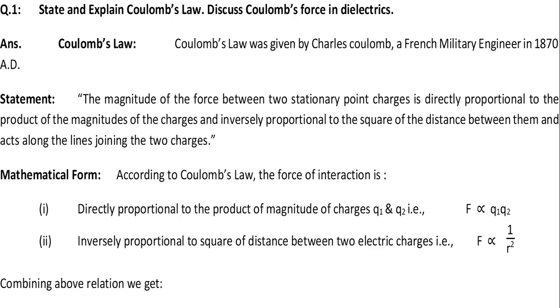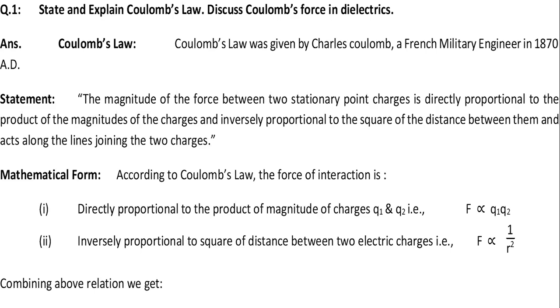This is equation 1. Now if you look at the other portion of this law, that is equation 2, the force is inversely proportional to the square of the distance between the two electric charges, that is F is inversely proportional to 1 over R square.